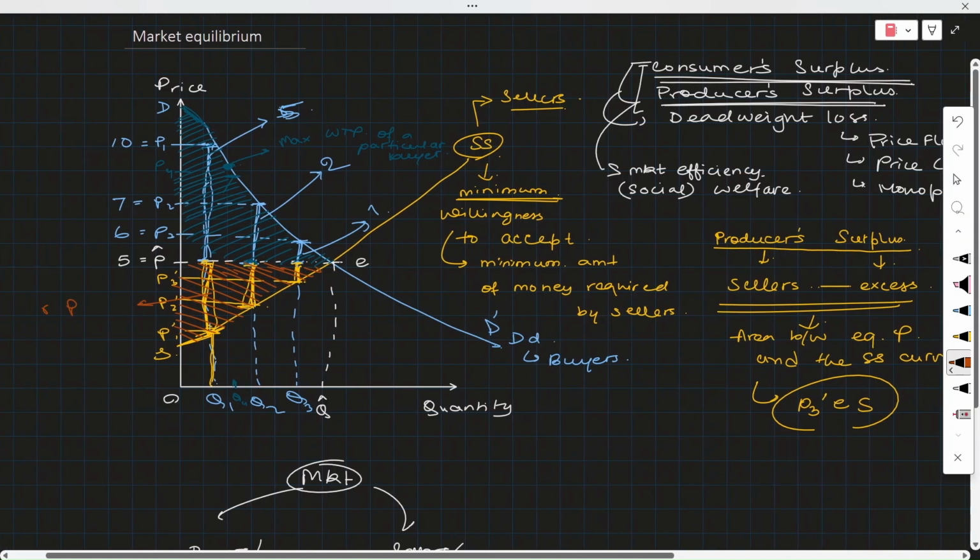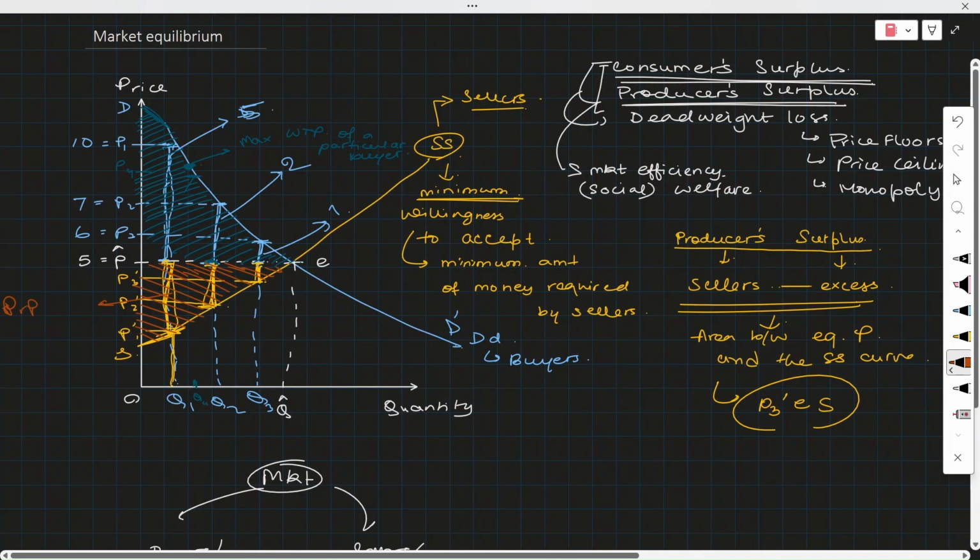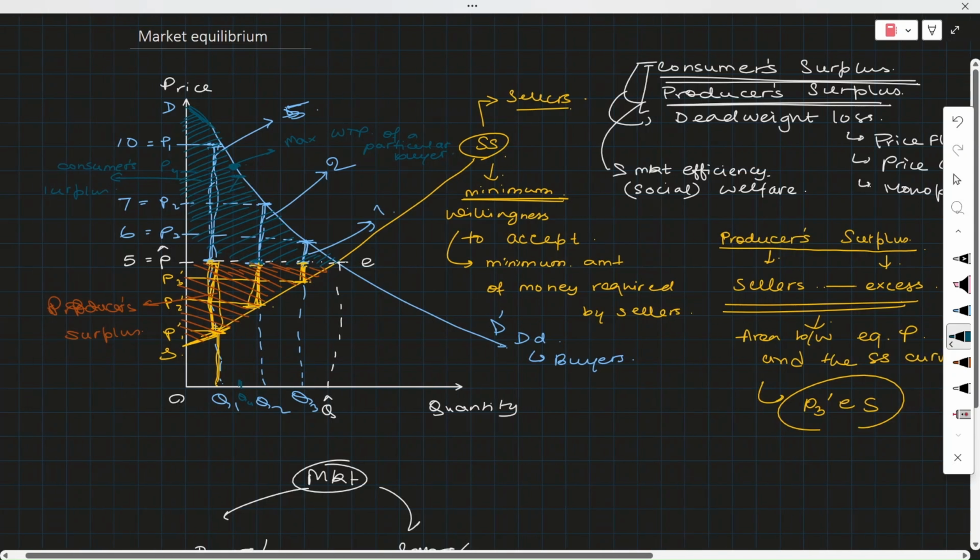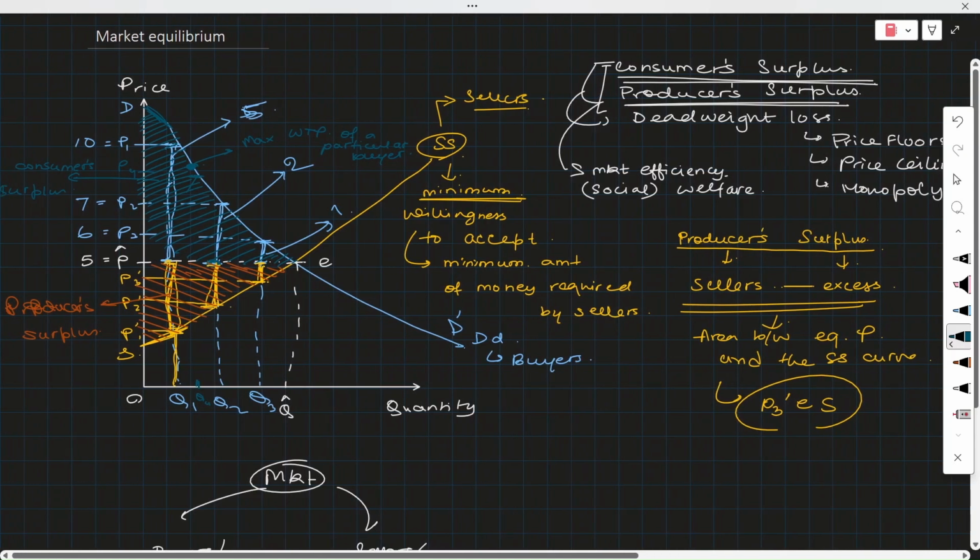So this is your producer surplus, and the other area is your consumer surplus. Now you might think, how will we remember this? We might get confused. Consumer means buyer, right? So you look at the demand curve. This is always true.